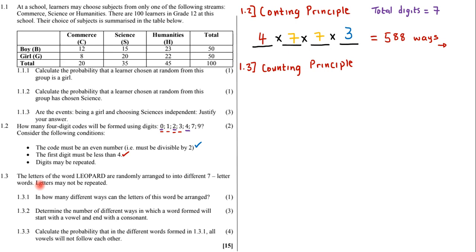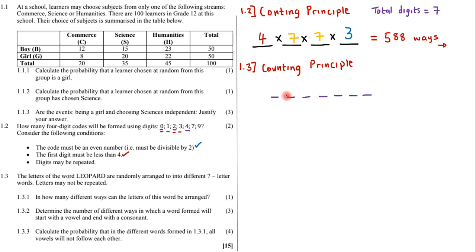It says letters may not be repeated. So here we are working with a 7-letter word. I'm just going to draw 7 lines there, so that I can give you the solution as we read the questions and answer them.